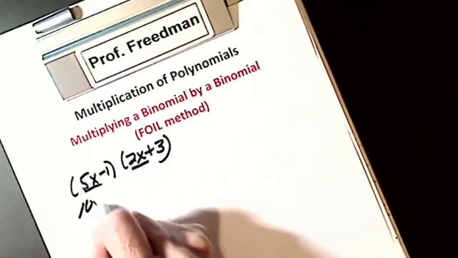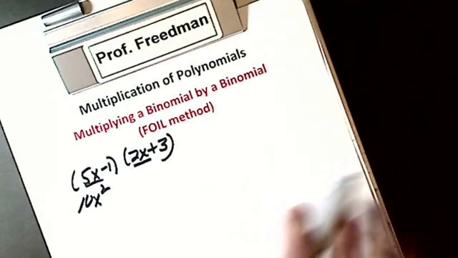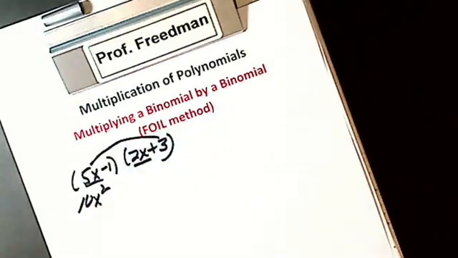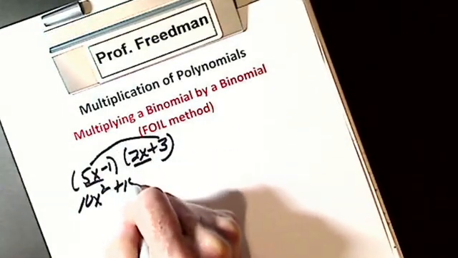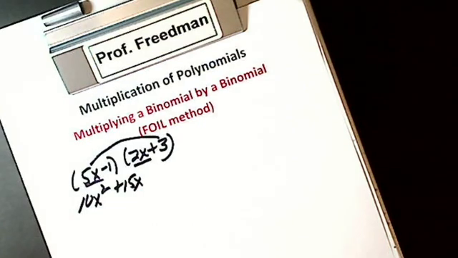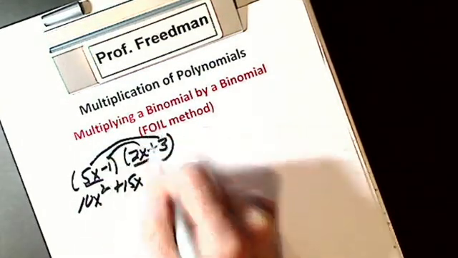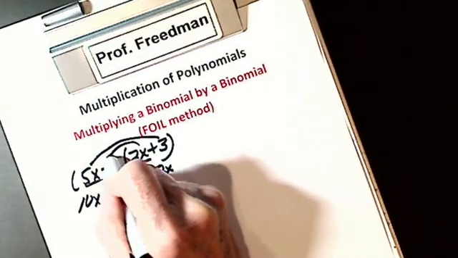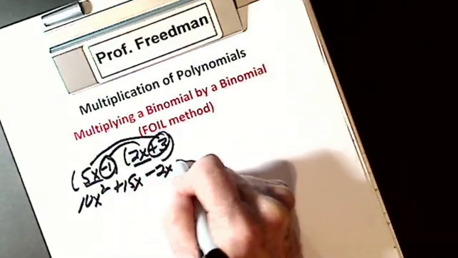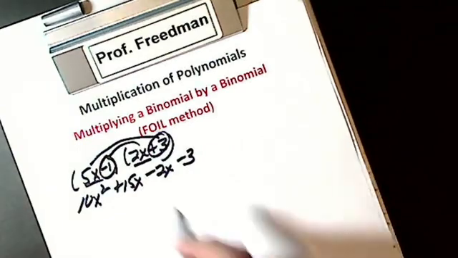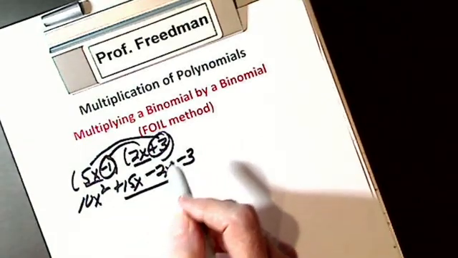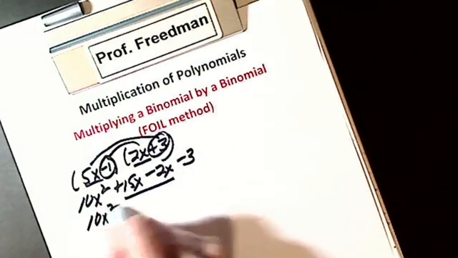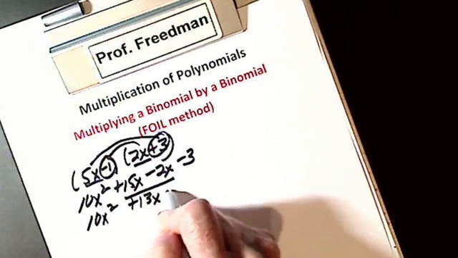I get 10x squared. I multiply outers, plus 15x. I multiply inners, minus 2x. I multiply my last, negative 3. Combine inners and outers. I've got 10x squared plus 13x minus 3.